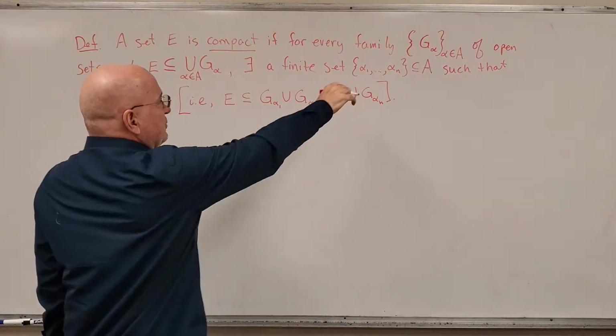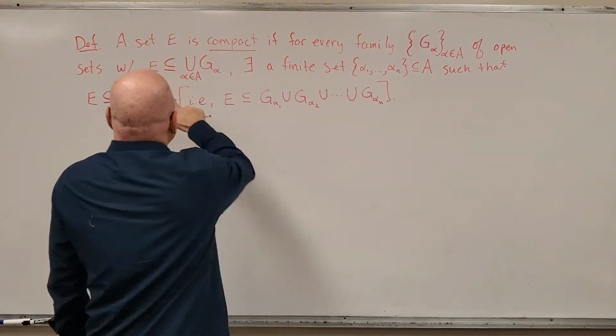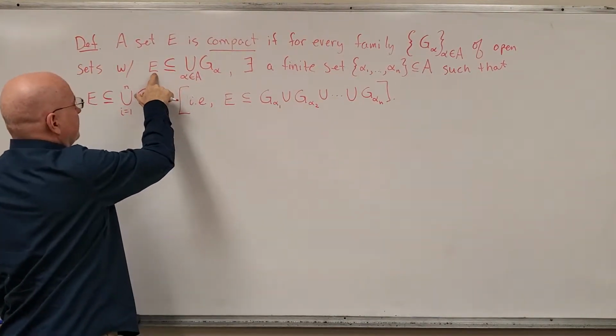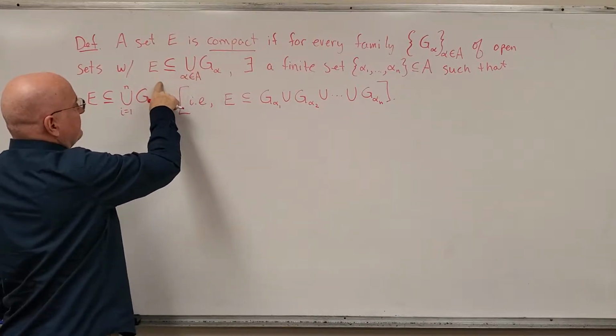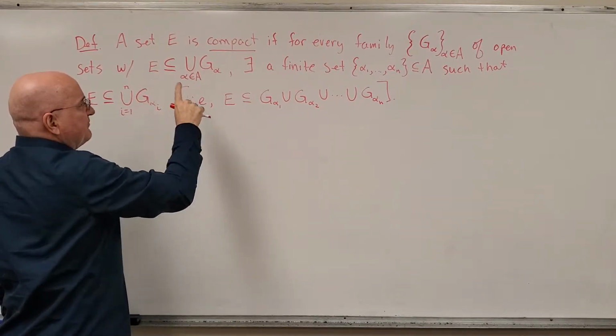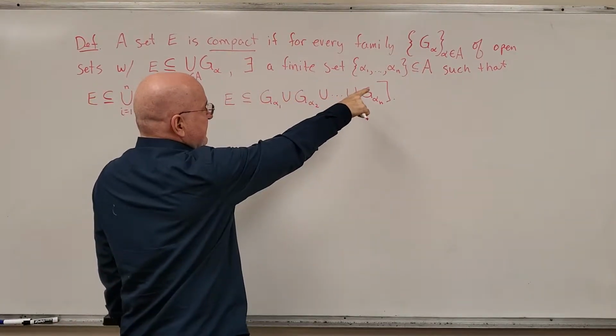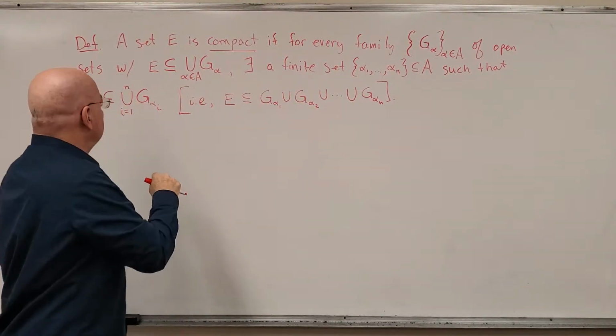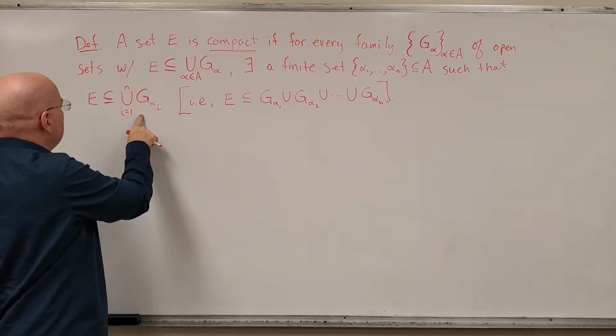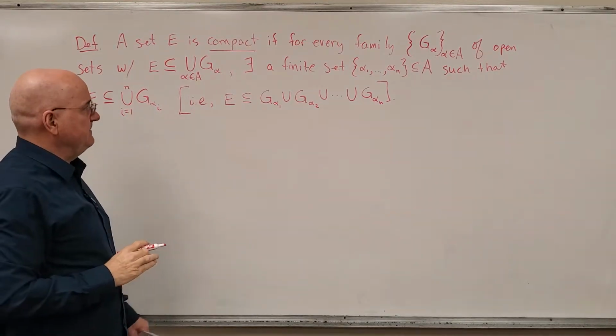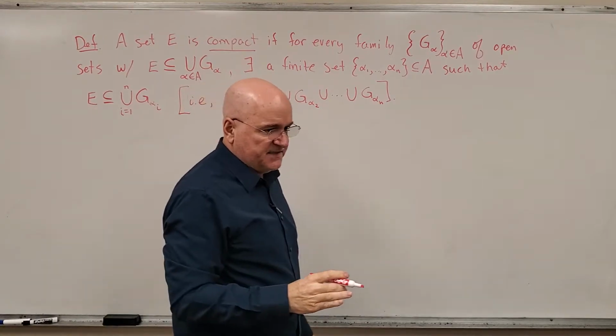So, if the union of all those sets contains the set E, in other words, E is a subset of that union, and if for every such set there's a finite set whose union will also contain set E, then we've got a compact set.